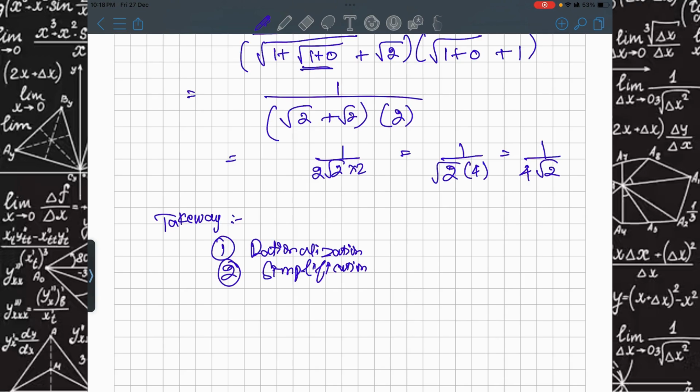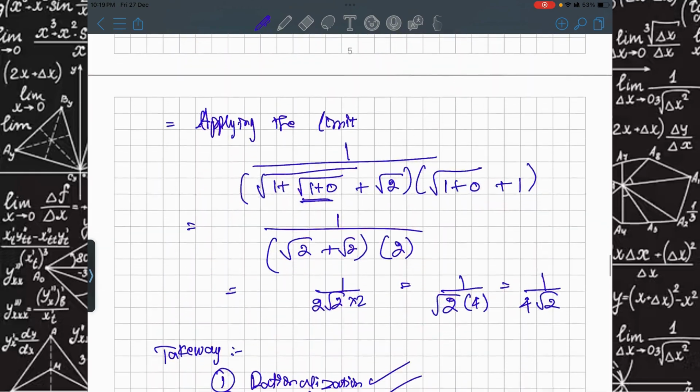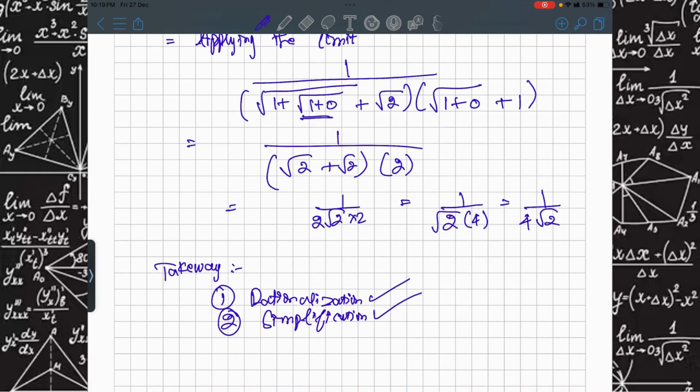If it contains root, then just go for rationalization blindfoldedly, because JEE question paper setters will always try to keep a question which can be solved easily through rationalization and simplification. So try to apply these two for other questions as well. Practice more questions and get mastered with it. So with this question we have learned the importance of rationalization and simplification. Now let's go to the next question.